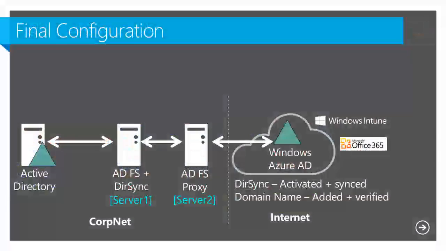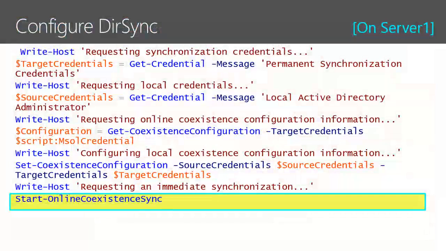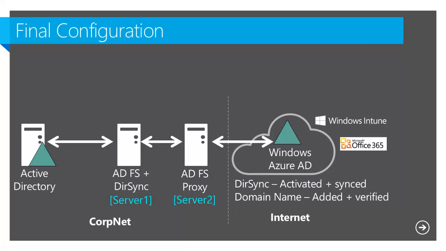The other thing is there are a lot of credentials there. If you fat finger or type something wrong, you can go back in and go through it again. You're going to have a permanent DirSync credential, a one-time enterprise credential, and then a credential just to connect up to online services.